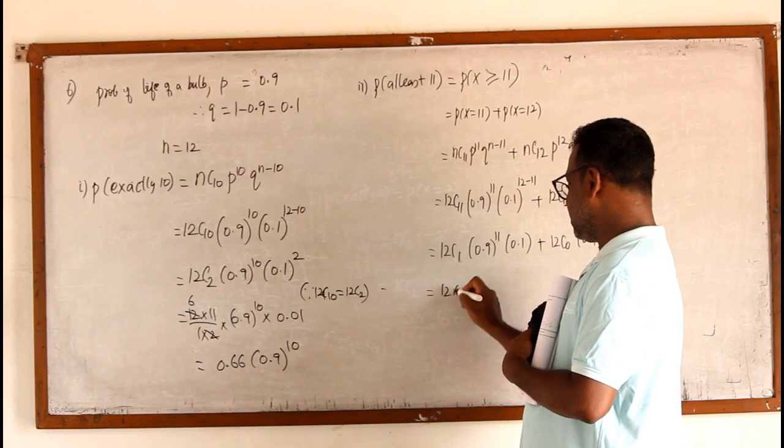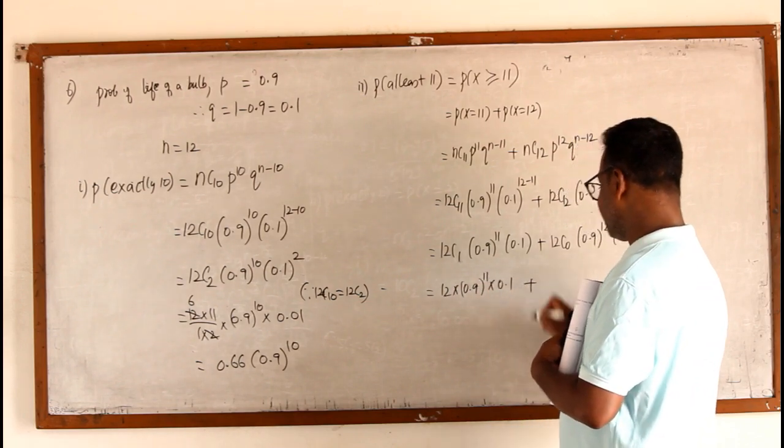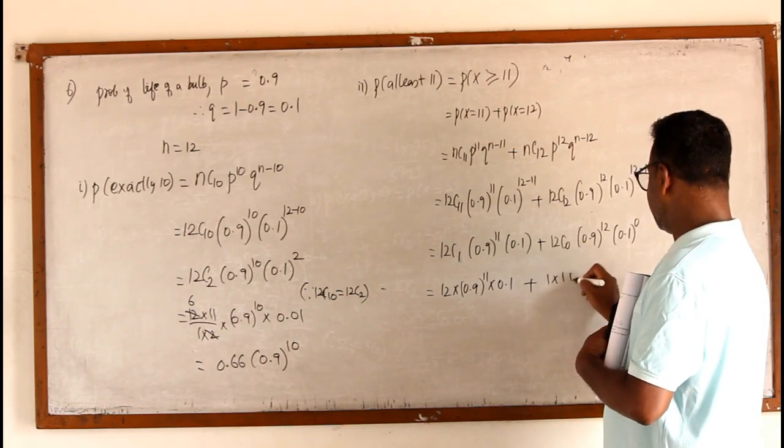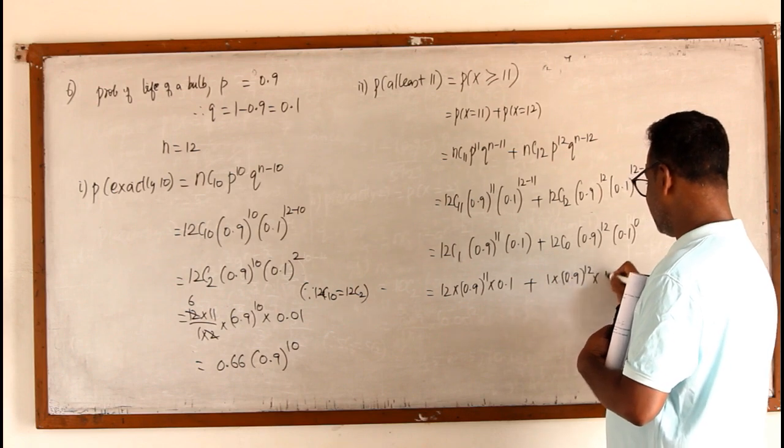Is it 12 into 0.9 whole power 11 into 0.1? This is 1 into 1 into 0.9 whole power 12 into 1.